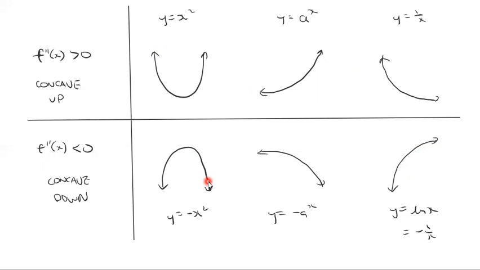And I want to be perfectly clear, that is not the same thing as increasing or decreasing. So for example, this is concave up, but is this increasing or decreasing? Increasing. Right, this one is increasing.